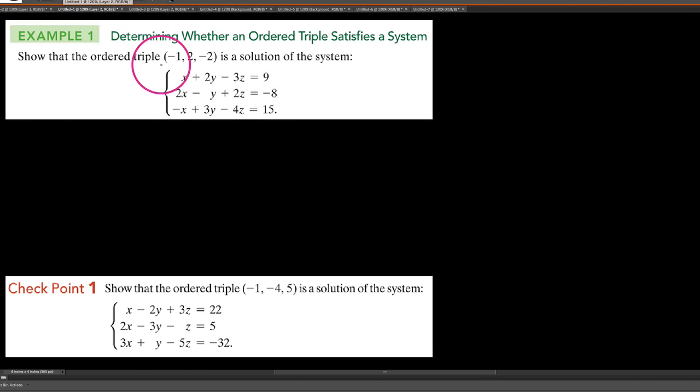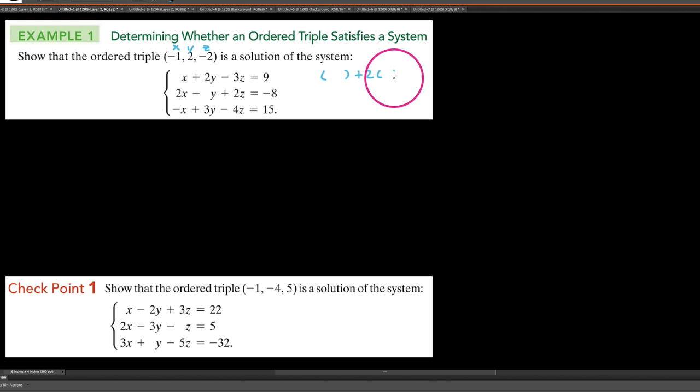With our first system here, what I want to do is determine, if I give you an ordered triple, some x, y, and z, whether it is a solution to this particular system. These are all in standard form, where the variables are on the left and constants on the right, with all the x's lined up, y's lined up, z's lined up. Looking at this, all we want to do is plug this into all 3 equations and check that it works.